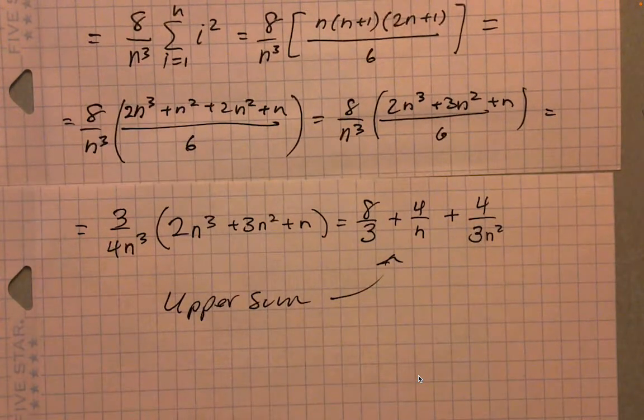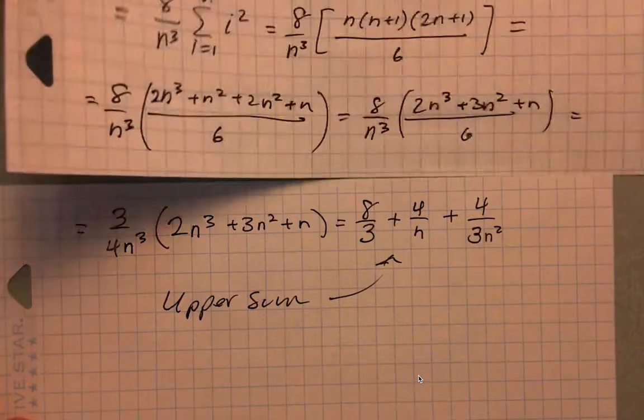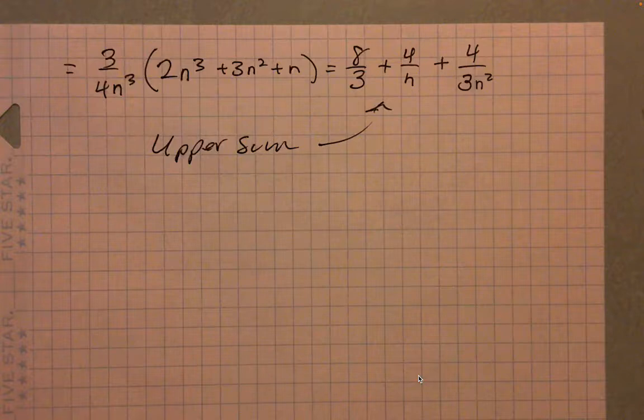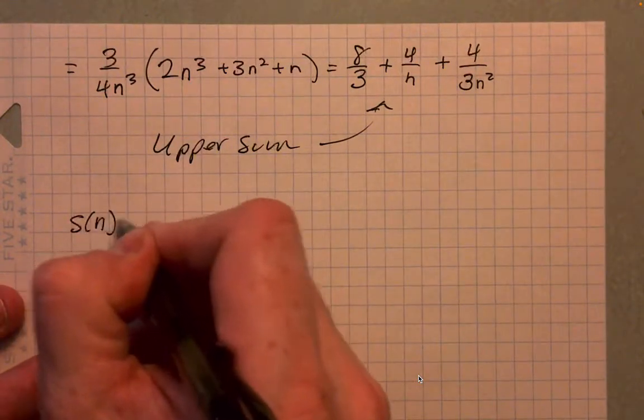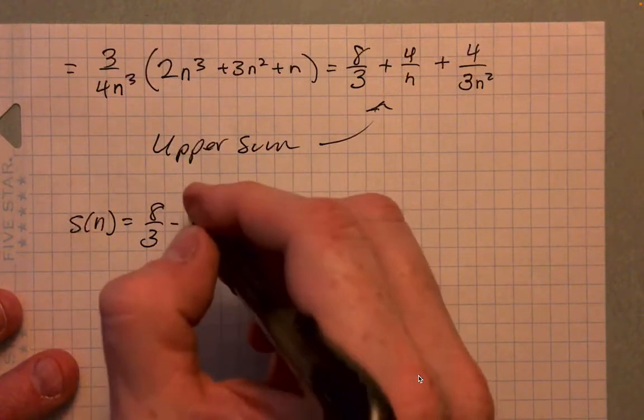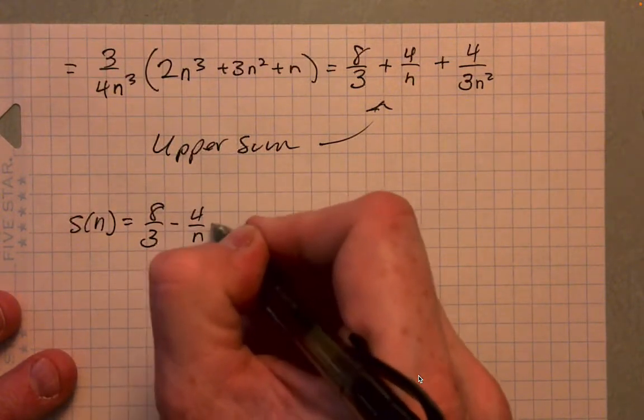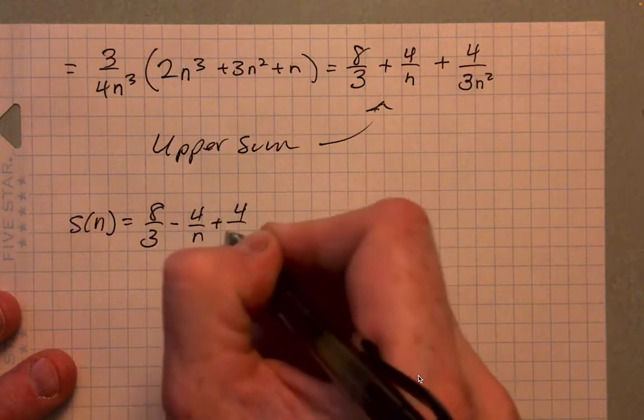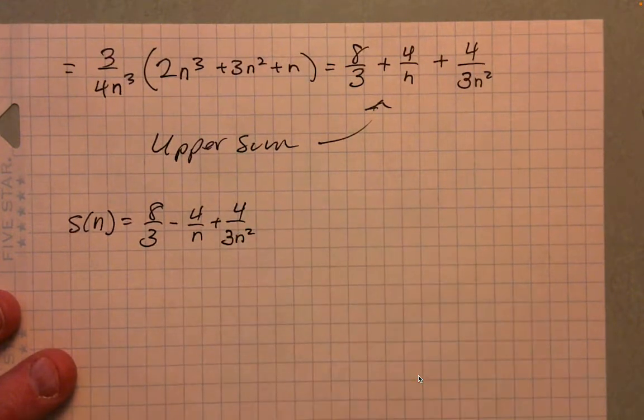All right, now notice, of course, that our previous inequality should still hold, right? So our lower sum, little s of n, we found was 8/3 minus 4 over n plus 4 over 3n squared.